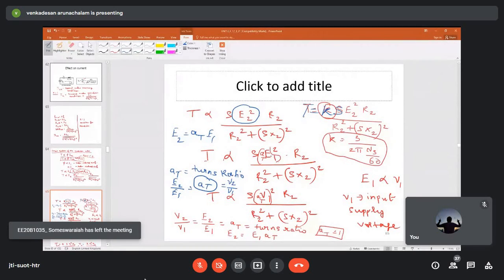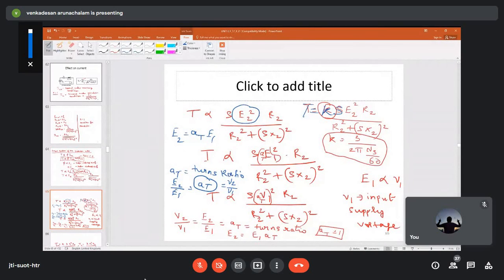So this E1 I can write in terms of V1, right? So the torque equation now it becomes S into AT V1 the whole square R2 divided by R2 squared plus S into X2 squared, right? Now the torque equation we have written in terms of stator input voltage. What is V1? V1 is the stator input voltage, right?